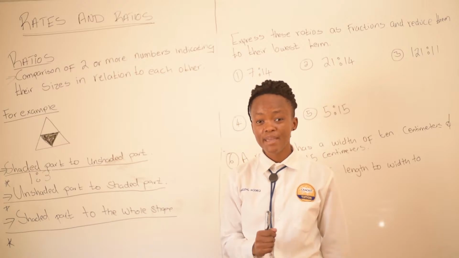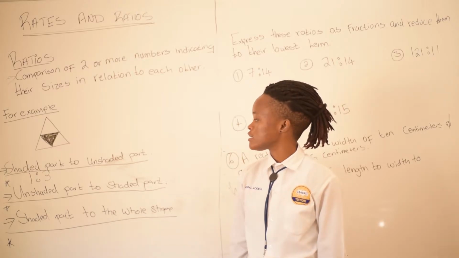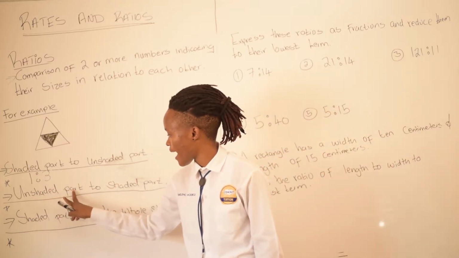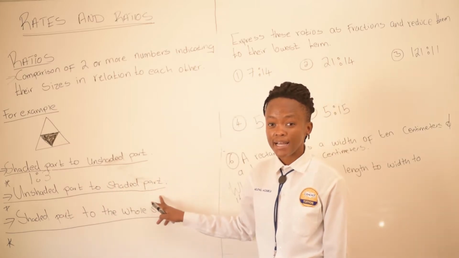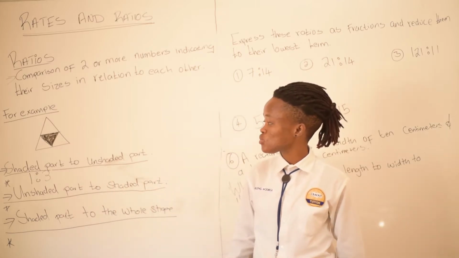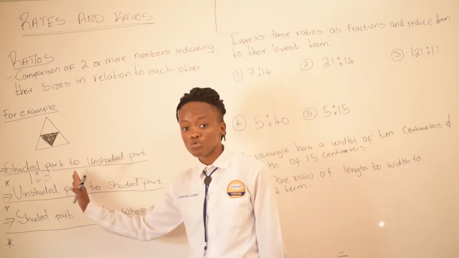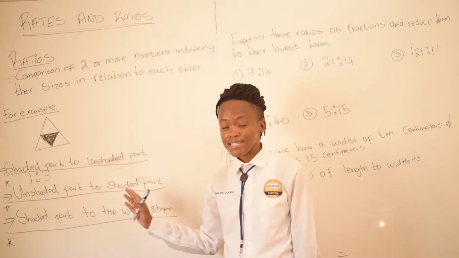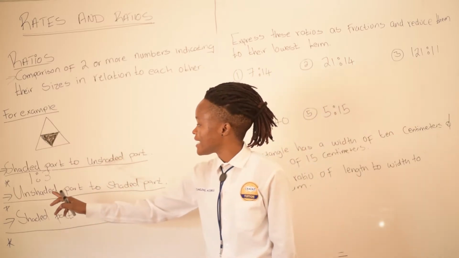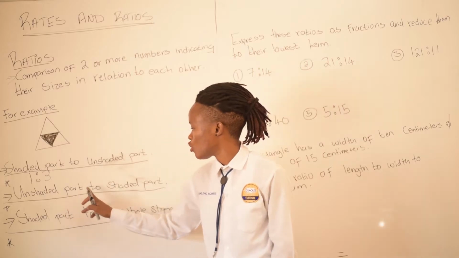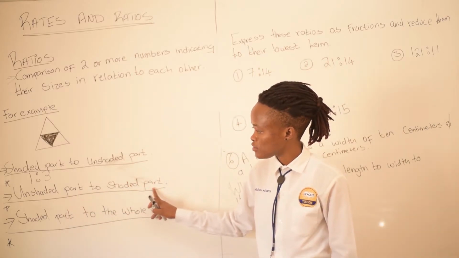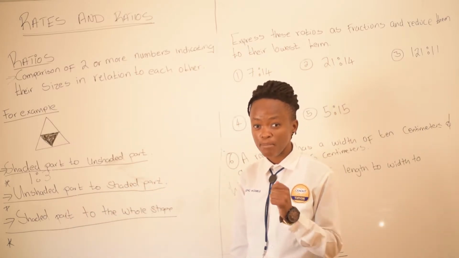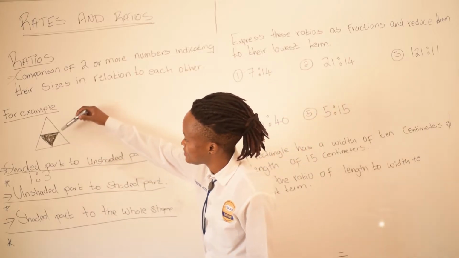So another question may ask, what is the ratio of the unshaded part to shaded part? These are different questions. The first one says shaded part to unshaded part. The next one is saying unshaded part to shaded part. So let's start with the unshaded part. Let's count the parts.